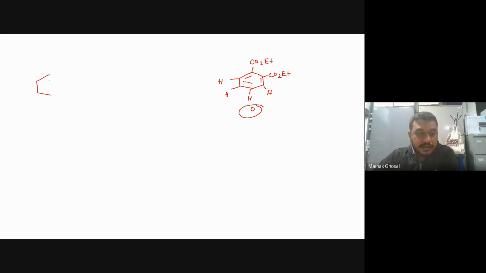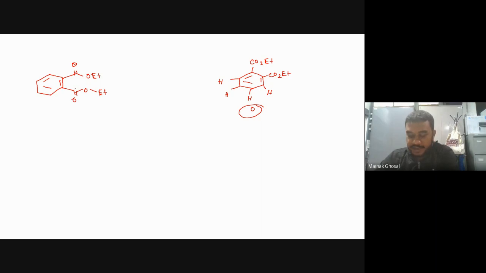Now I am writing this structure: C double bond OEt, C double bond OEt. Okay, so this is the possible structure.